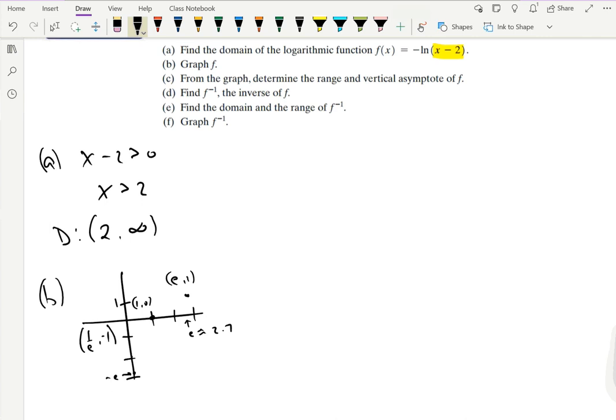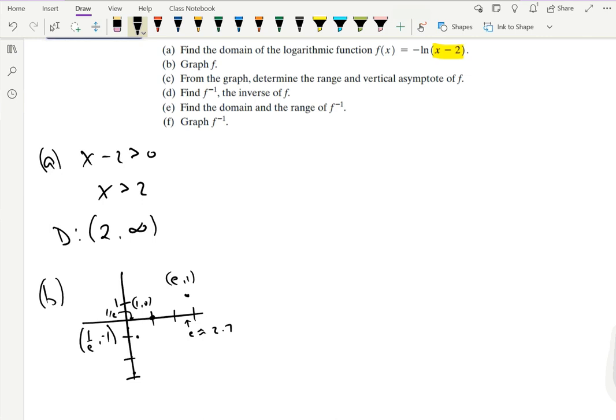So what's 1 over e? I don't want negative e down there. I want 1 over e. So the reciprocal: 2.7 is close to 3, and the reciprocal of 3 is 1/3. So we're going to be down over here somewhere. It's right around in here. So 1 over e is approximately here.